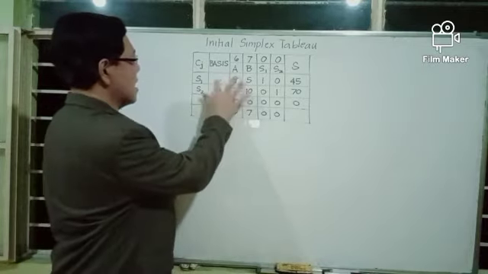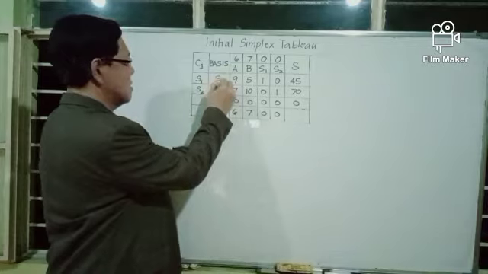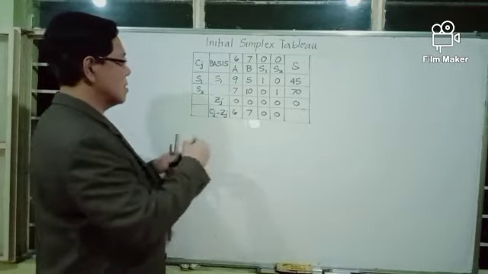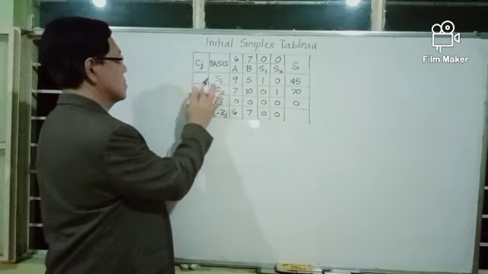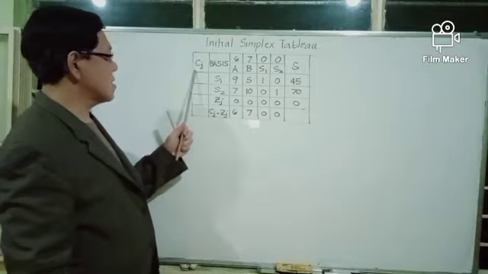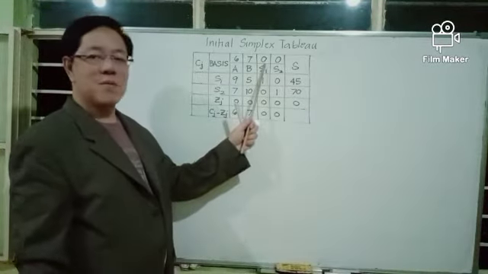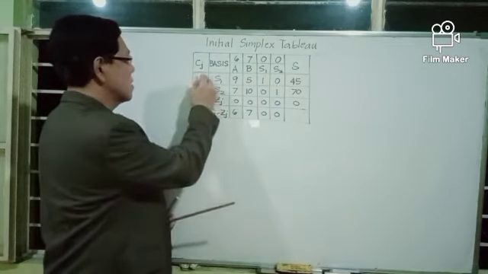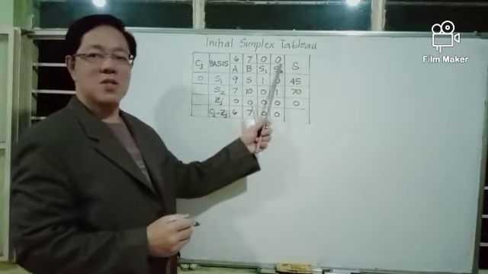Sorry, this should be S1. This should be S2. And C stands for coefficient. The coefficient of S1 in the objective function is 0. The coefficient of S2 in the objective function is 0.